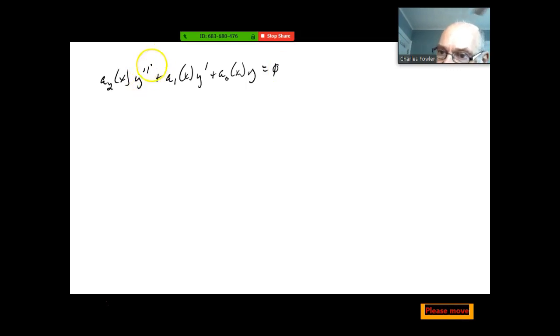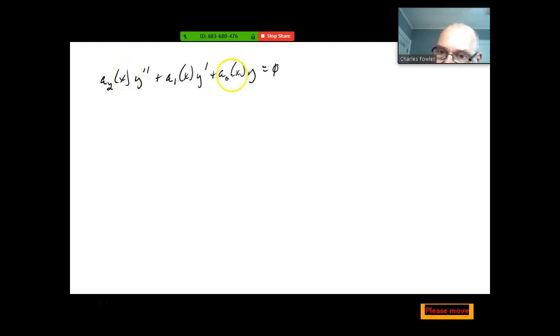The maximum derivative is the second derivative. Now, what do these a's represent? Those are the coefficient functions, but they have to be functions of x and x alone. No y variation in those functions.